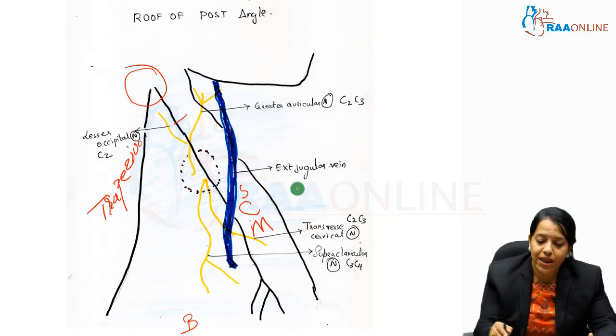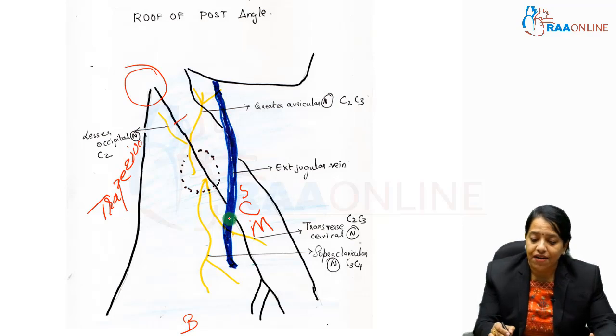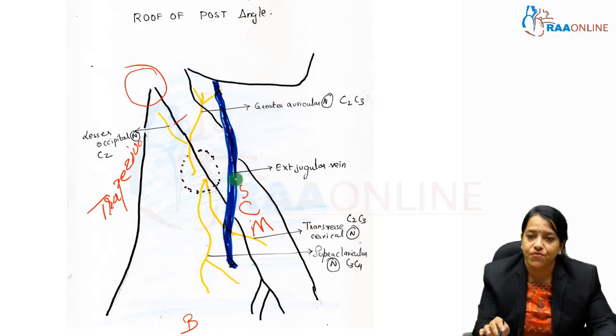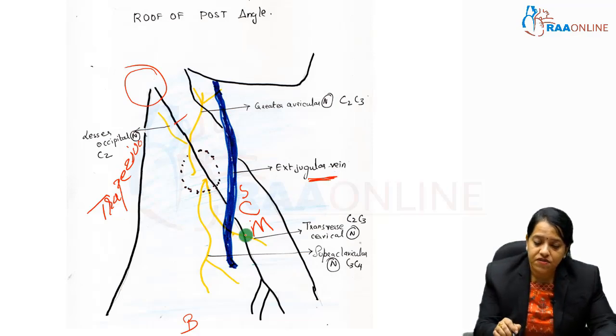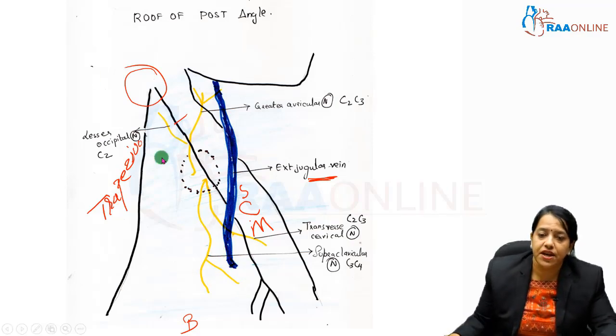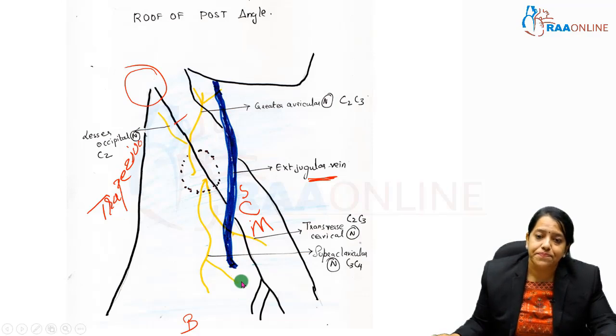Now looking at the roof, we can see a vein over here on the roof of the triangle, that is the external jugular vein, and it crosses the sternocleidomastoid and becomes deep. It pierces through the investing layer of deep cervical fascia exactly over here, and it will drain into the subclavian vein. This vein is of much clinical significance because of its course.